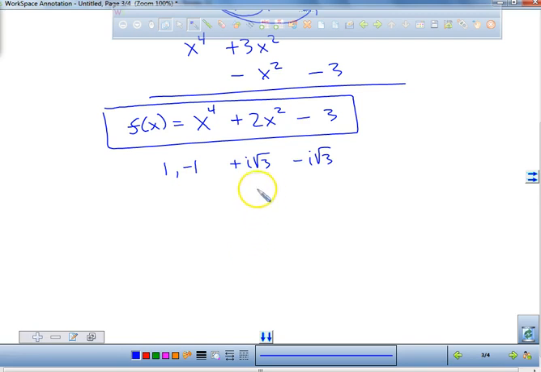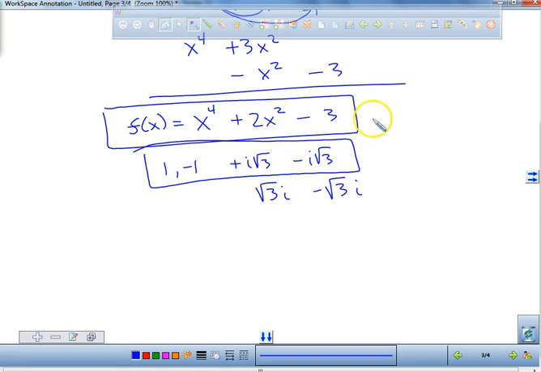So understand, you might see it written as radical 3 times i, but I'm used to seeing it as i radical 3 and negative i radical 3. So these were the roots. Remember, these were the roots, and this is our polynomial function. Okay? And now that you've written this down, you can go on with your life. All right? You survived.